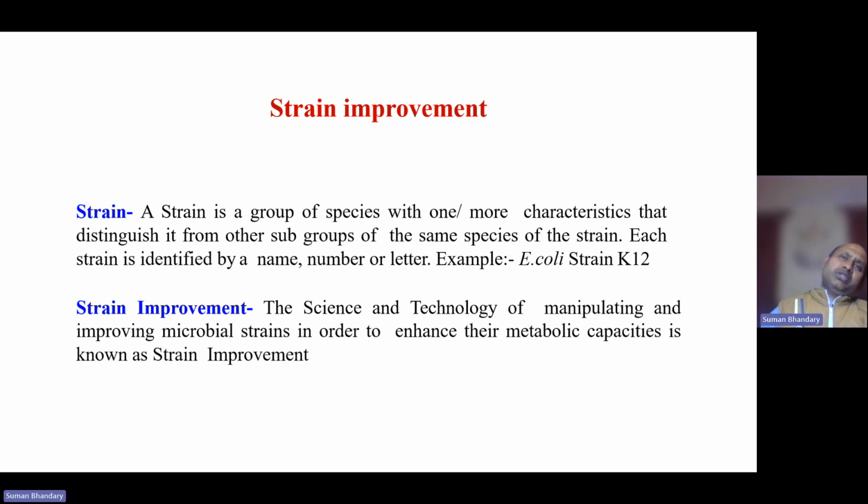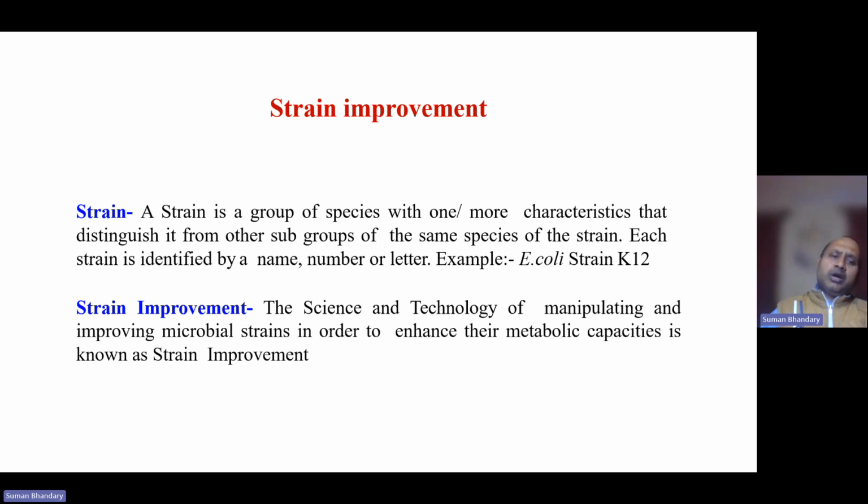And in microbiology, the term strain is used to denote a group of microorganisms with distinct genetic features or phenotypic traits that particularly set them apart within a particular species. And these differences can arise due to genetic mutations, variations in plasmids, or other factors.